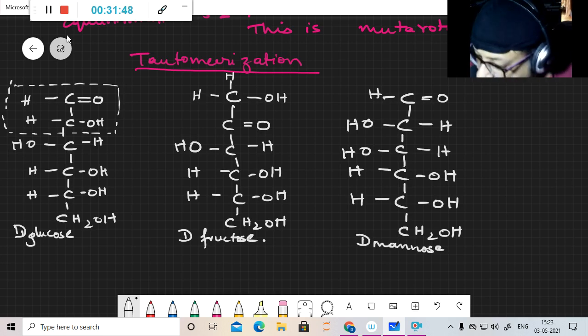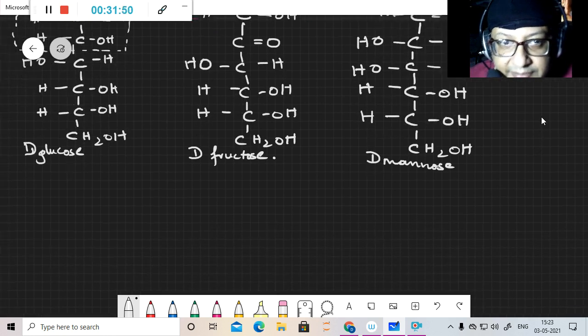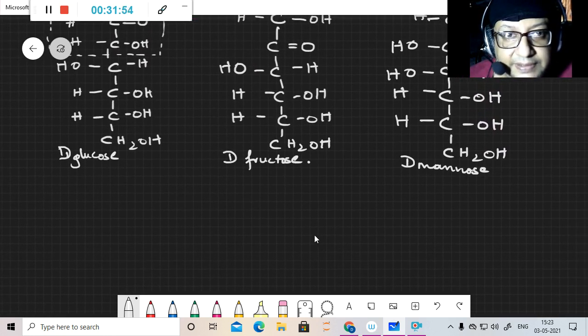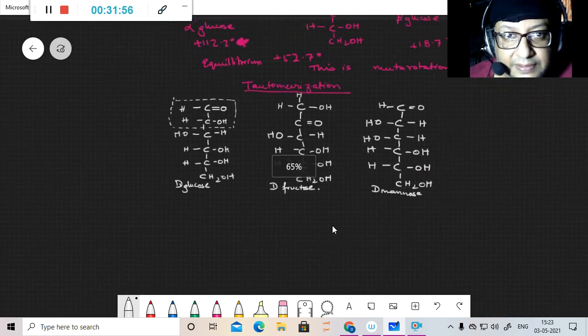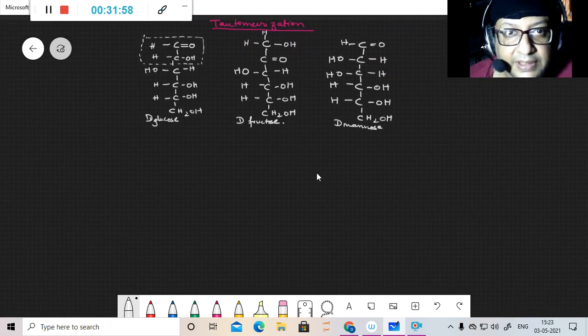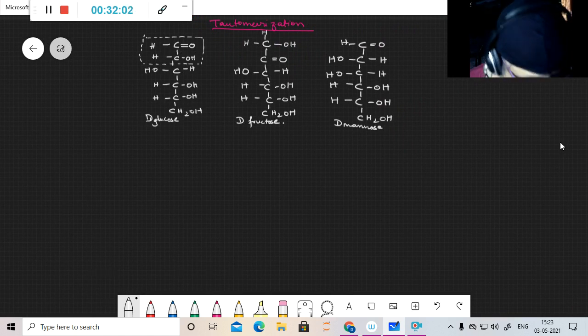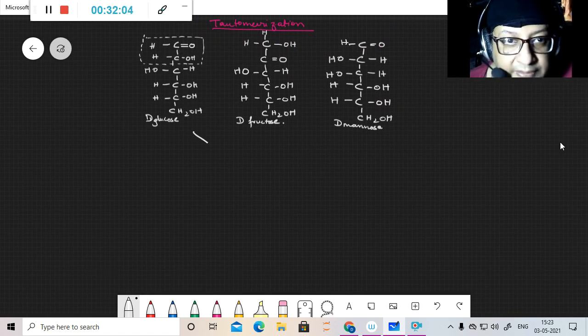In alkali solution, what happens when glucose is placed? In alkali solution, when glucose is placed, a strange thing happens.